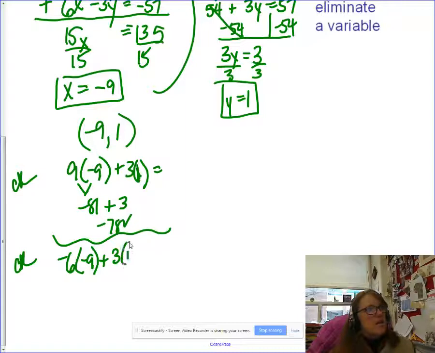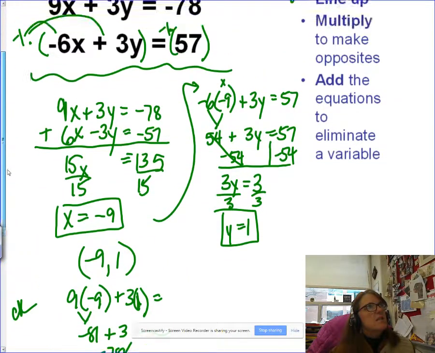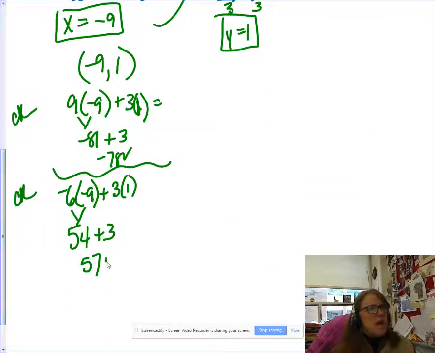And I said y was 1. All right, these two give me a positive 54. This gives me a positive 3. I should get positive 57. Yes! Yes! Do your happy algebra dance. Everything checked. There you go.